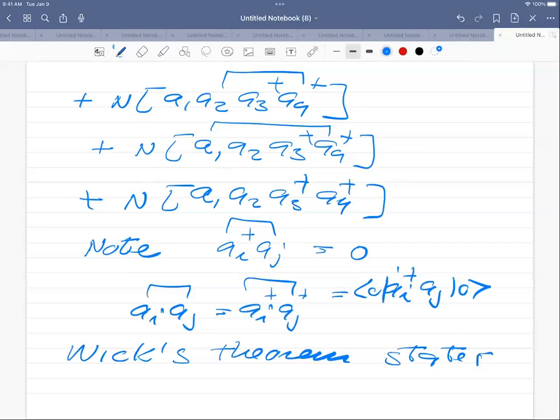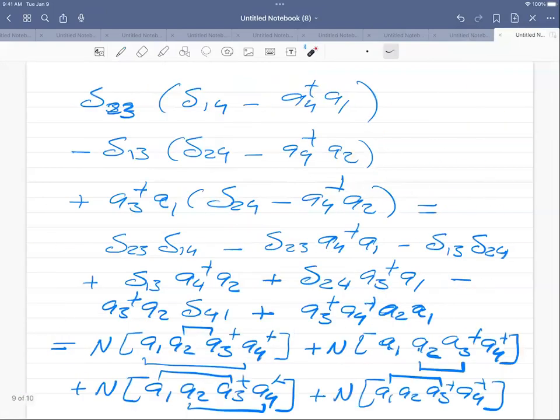So just think of you now running through all possible contractions, and you sort everything in terms of no contractions at all, and just a normal order product, which is the last term. You have all the sums over one contraction, and then you have the sums over two contractions in this case. And it's only that one which survives when you have two creation and two annihilation operators.